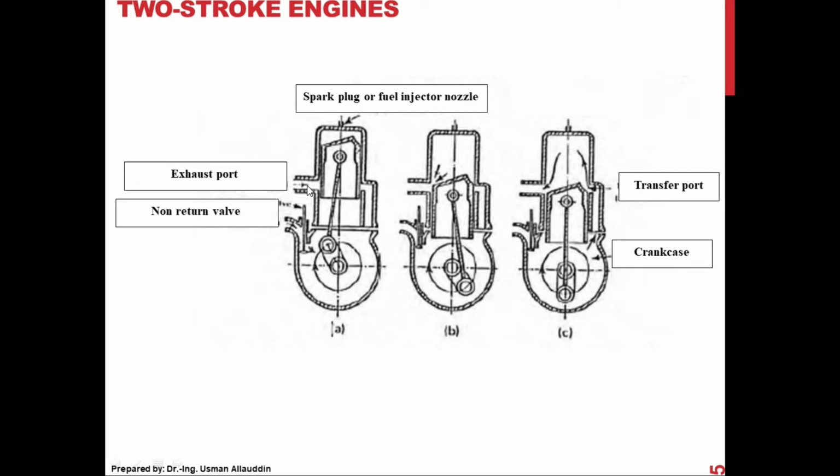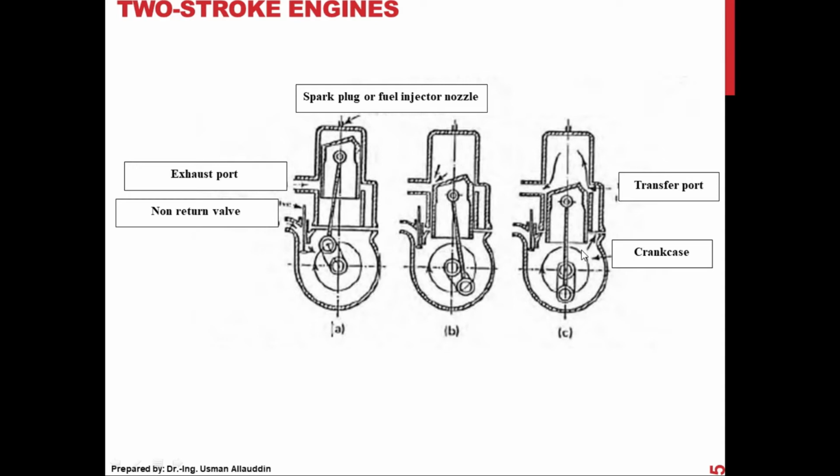First the exhaust port will be uncovered, and some of the exhaust gases will go out. Then as the piston goes further downward, the intake port is also uncovered, and the air fuel mixture will come in.